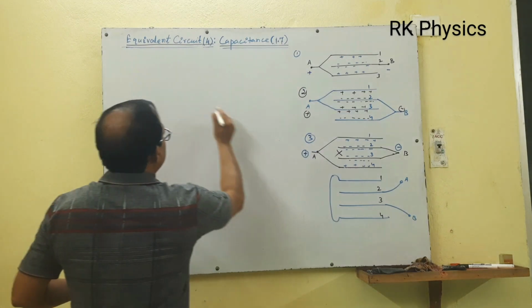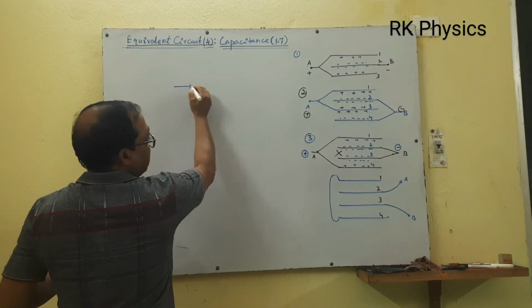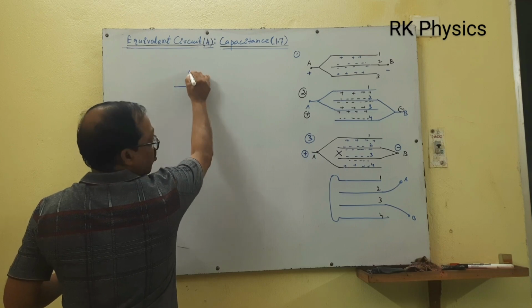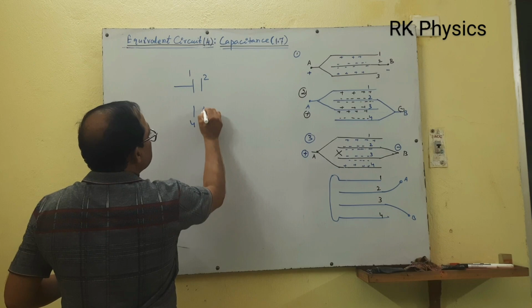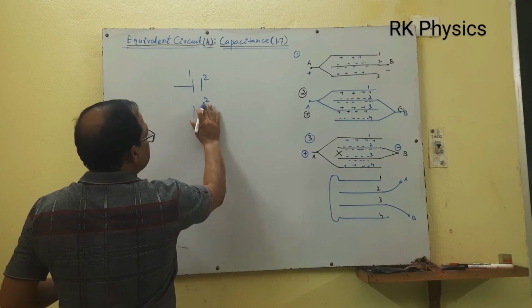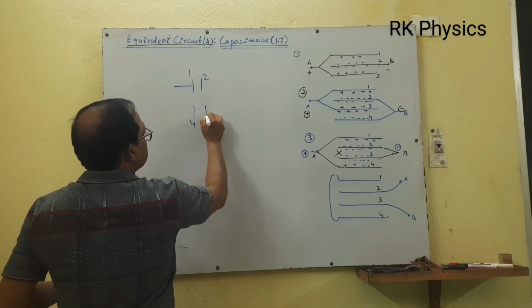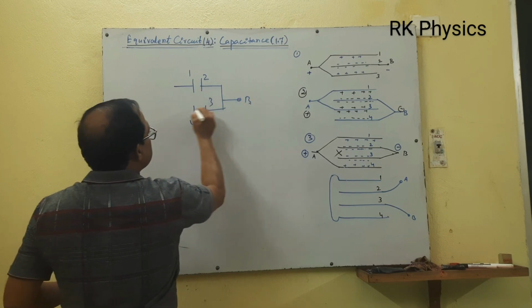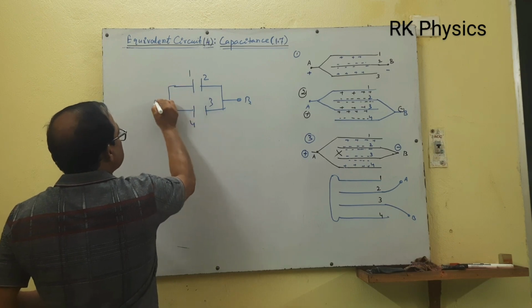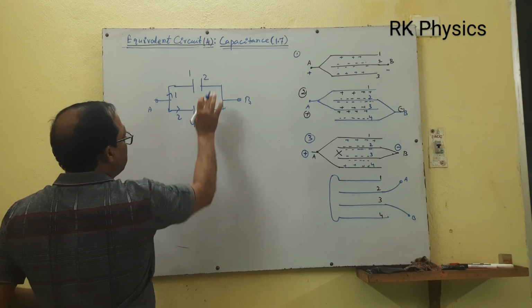If you want to draw the equivalent circuit diagram, this is 1, 2, this is 4, this is 3, with 2 the same, this is 4 and 3. So this is point B and this is point A. Now, how many paths are there? 1 and 2.